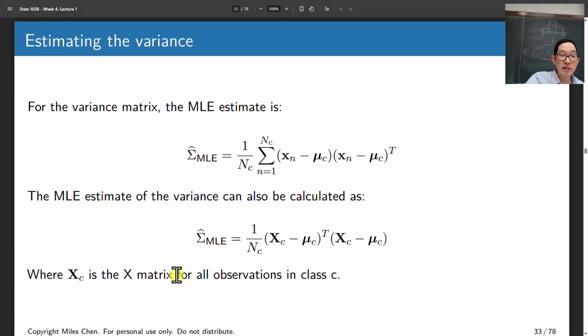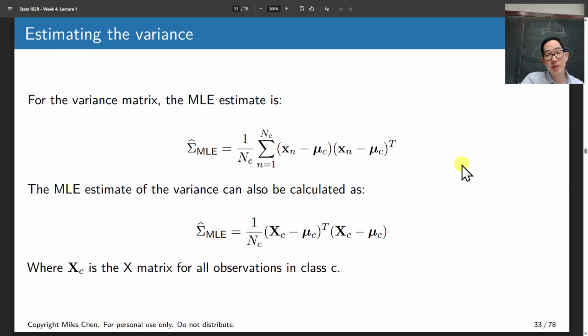Meanwhile, as far as the variance goes, we just calculate the sample variance for the observations that we have. When you have multidimensional data, it's going to be x minus mu times x minus mu transpose. This is going to return a 2x2 matrix, and so that's what we have there.